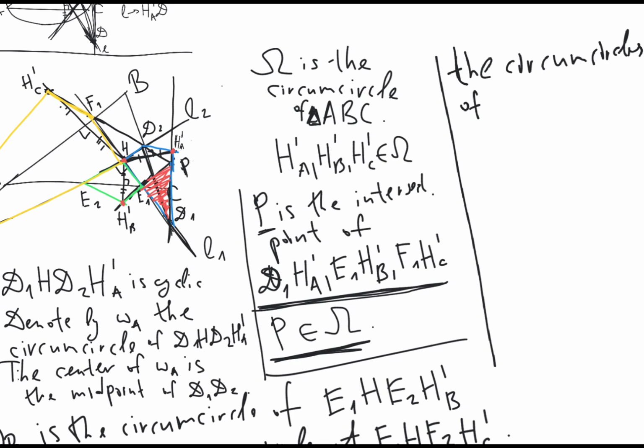So we pick the point P, and then we must pick the points H, B prime, H, A prime. This is one triangle.